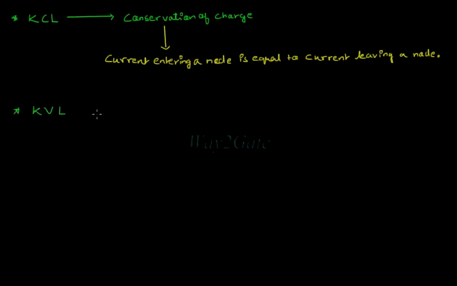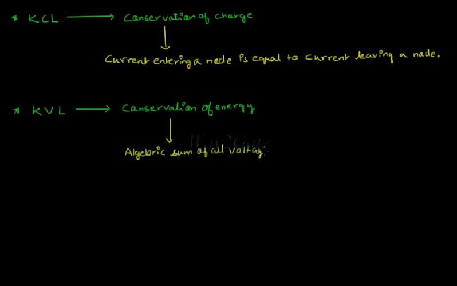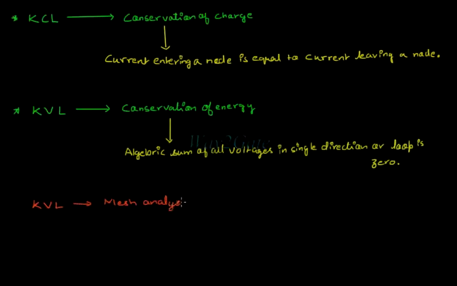And in KVL, we have conservation of energy, where the algebraic sum of all voltages in a single direction or loop is 0. Using KVL, we do mesh analysis, and using KCL, we do nodal analysis.